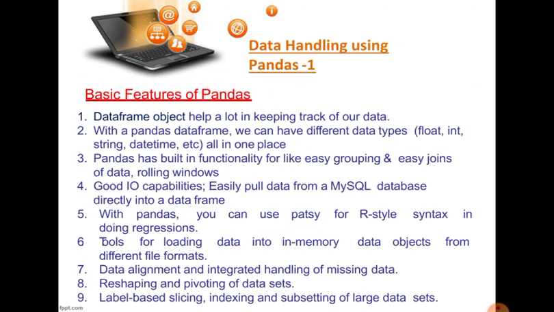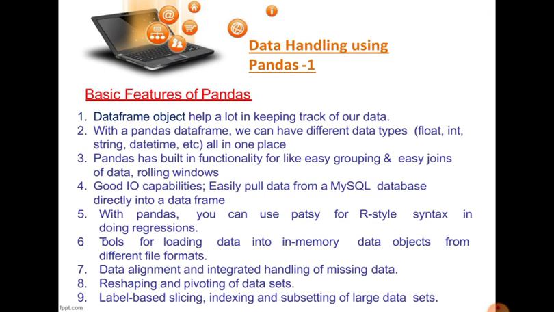Data handling using Pandas. Basic features of the Pandas data frame object help a lot in keeping track of our data. With a pandas data frame, we can have different data types, float, int, string, datetime, etc., all in one place.